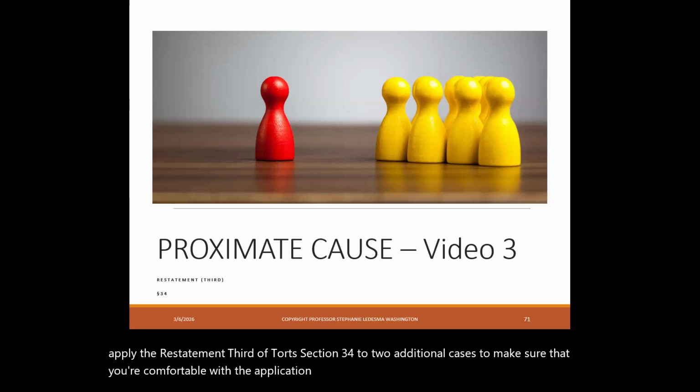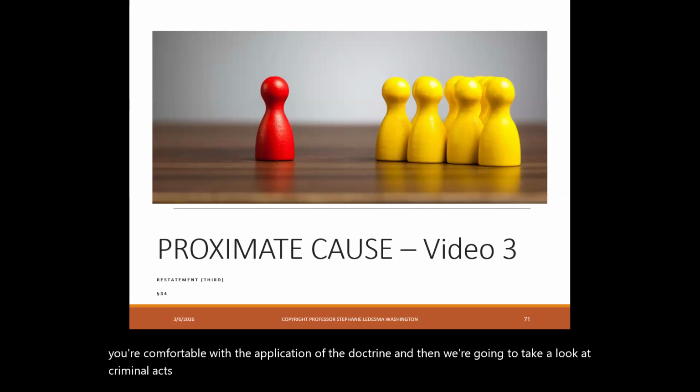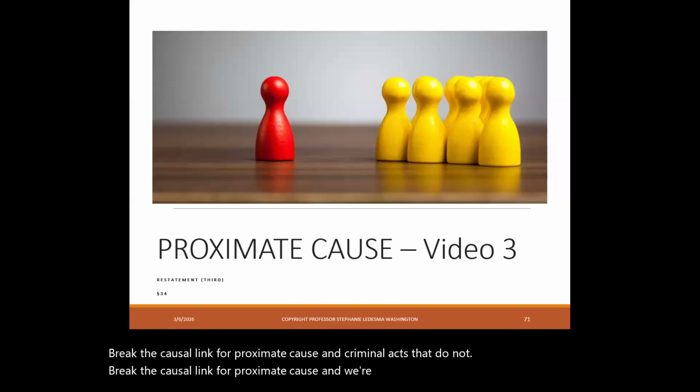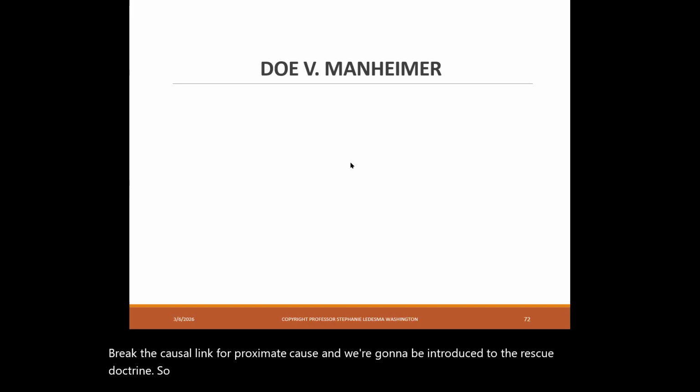And then we're going to take a look at criminal acts that do break the causal link for proximate cause and criminal acts that do not break the causal link for proximate cause. And we're going to be introduced to the rescue doctrine. So with that, let's jump in.